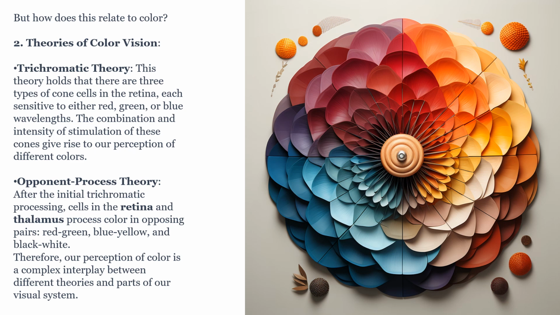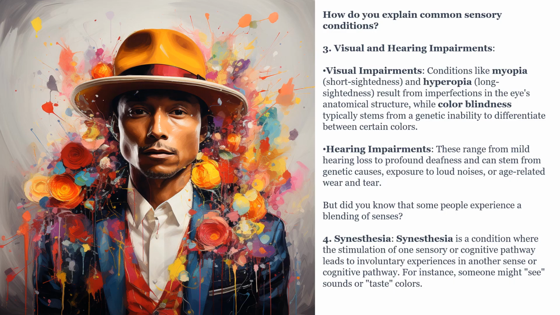We also have the opponent process theory. After the initial trichromatic processing, cells in the retina and thalamus process color in opposing pairs: red-green, blue-yellow, and black-white. Therefore, our perception of color is a complex interplay between different theories and parts of our visual system. How do you explain common sensory conditions?